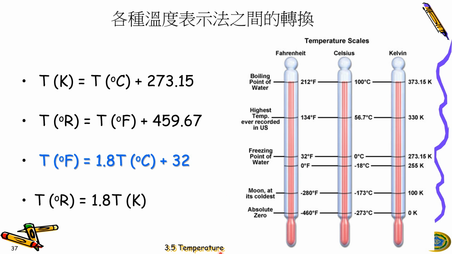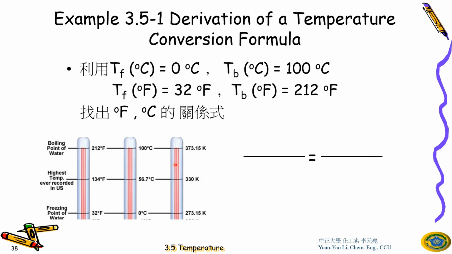Fahrenheit equals 1.8 Celsius plus 32. And you know Kelvin, right? I'm sure you know this from high school, so I don't want to talk about it too much, but what you need to know is Fahrenheit equals 1.8 Celsius plus 32.